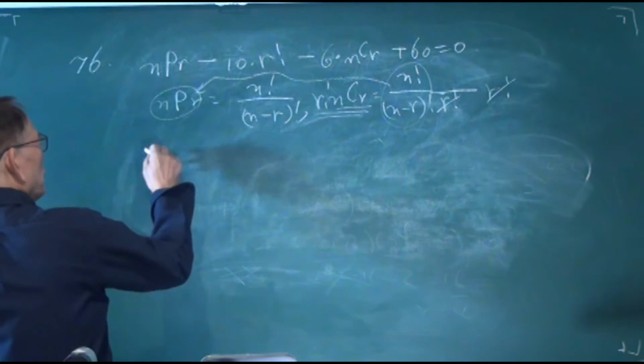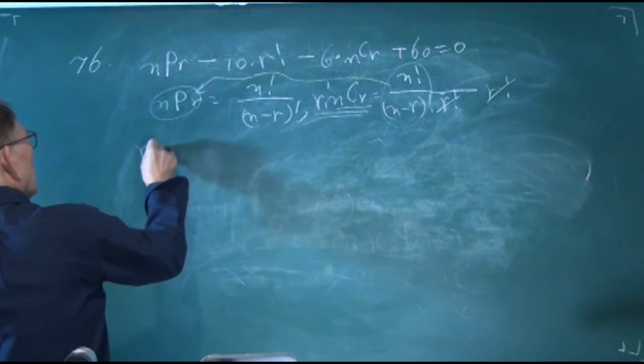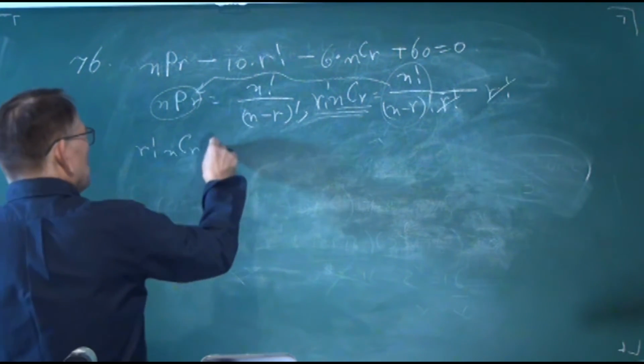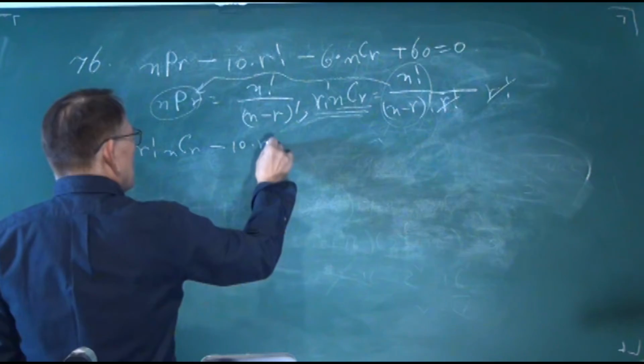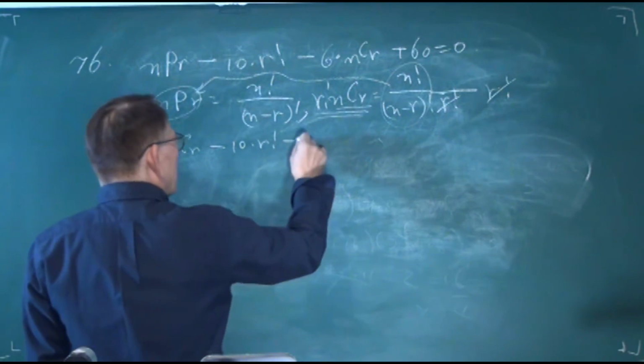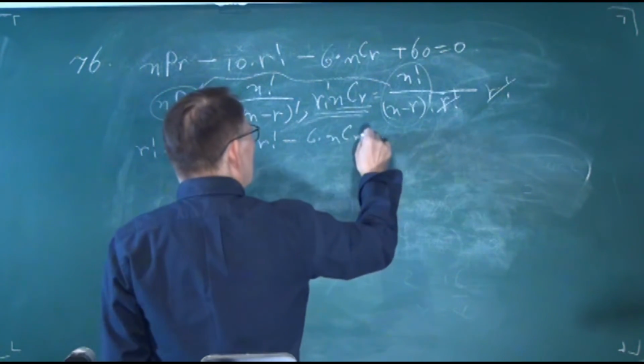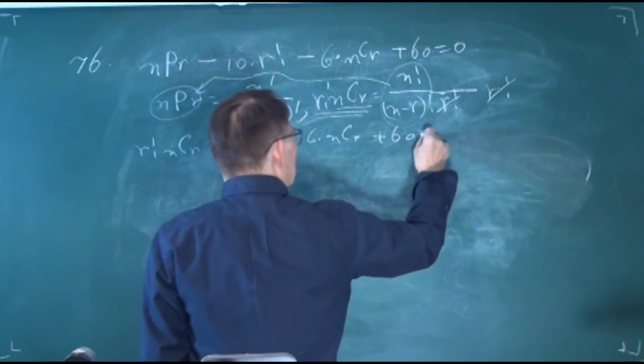So this one we can rewrite as r factorial times nCr minus 10 times r factorial minus 6 times nCr plus 60 equals 0.